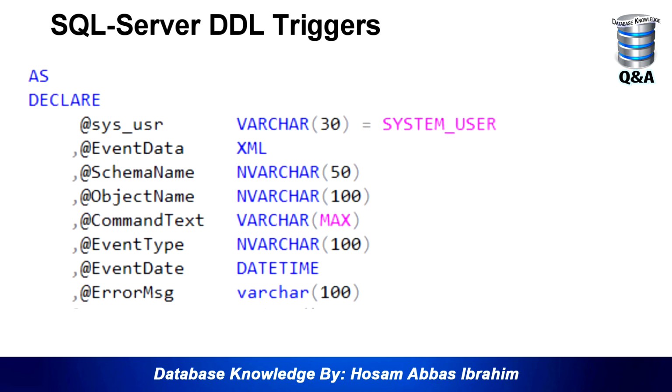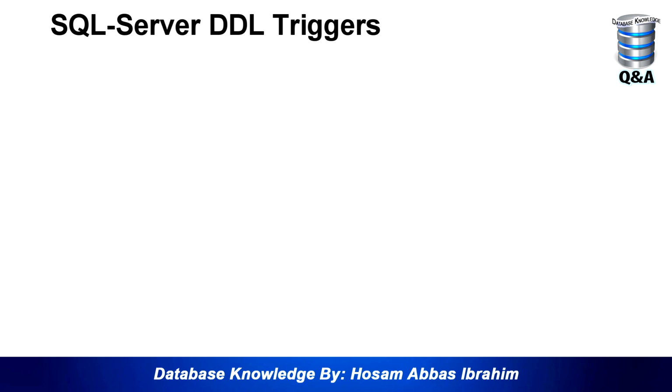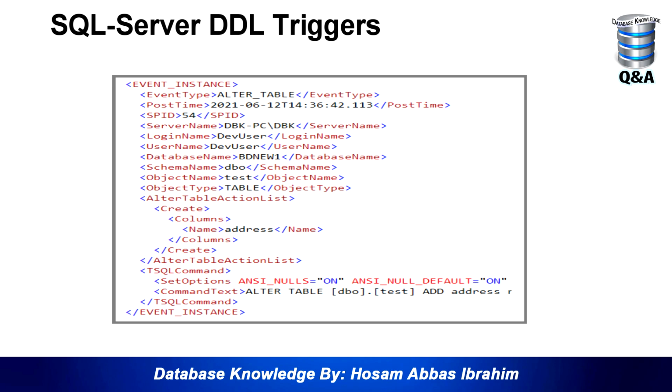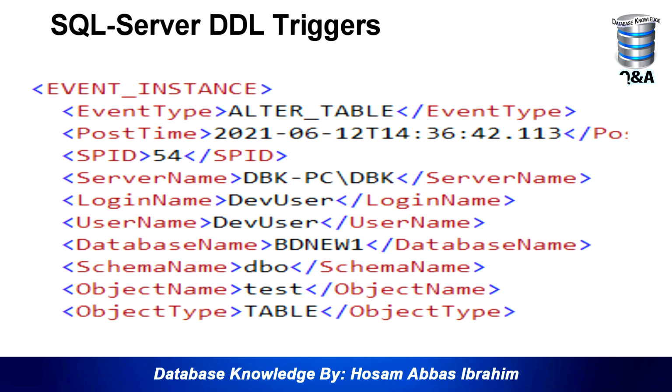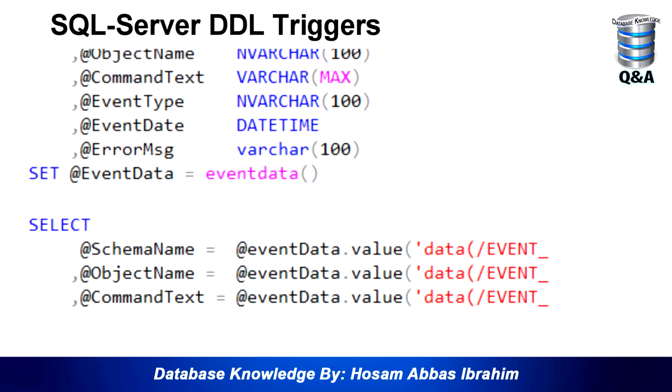First, I need to declare some variables in order to capture the event data happening inside this trigger. Let us have a look at the event data XML. It's very simple and it has all the information I need to use inside the trigger. So usually I will assign this information using the tags by using a simple XQuery.